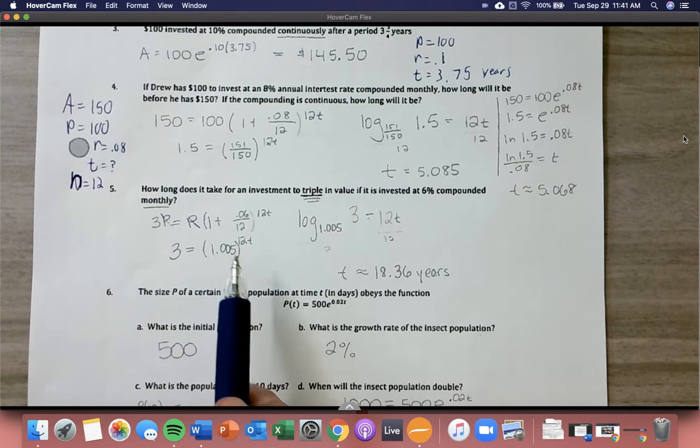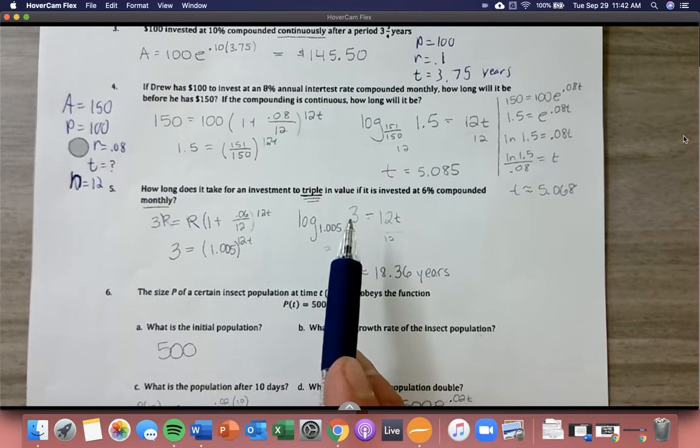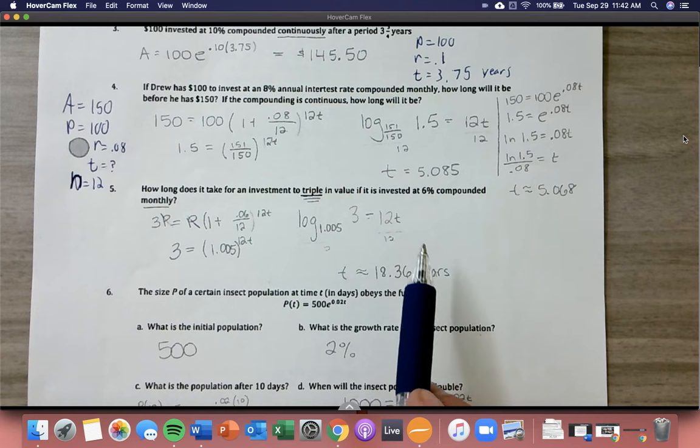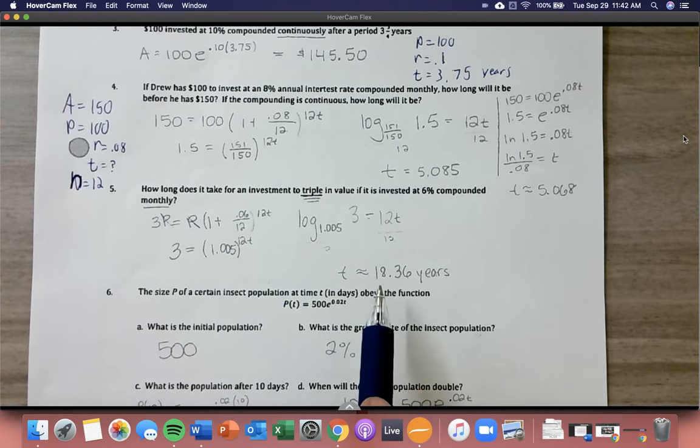From there, we can convert it to log form. So here's our base: log base 1.005 of 3 is equal to 12t. When you divide that 12 over and punch it into your calculator, you end up getting about 18.36 years.